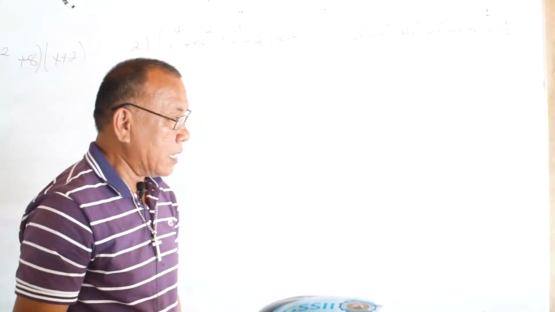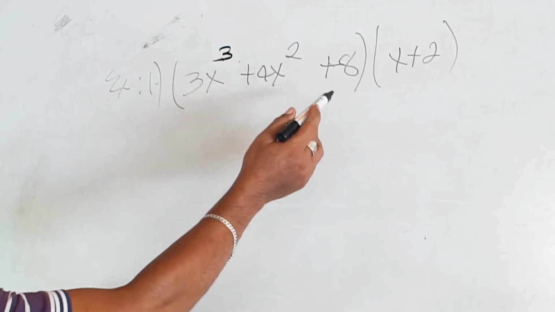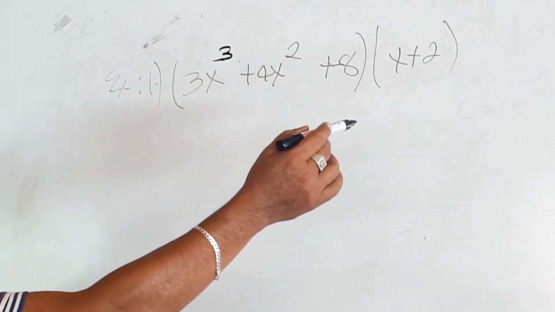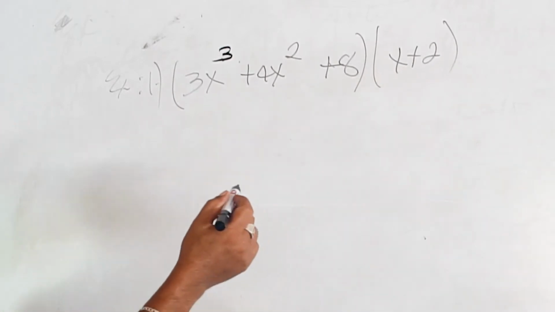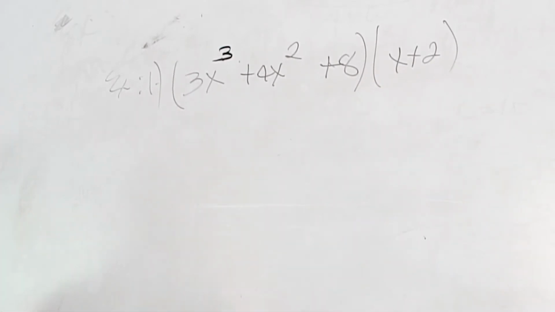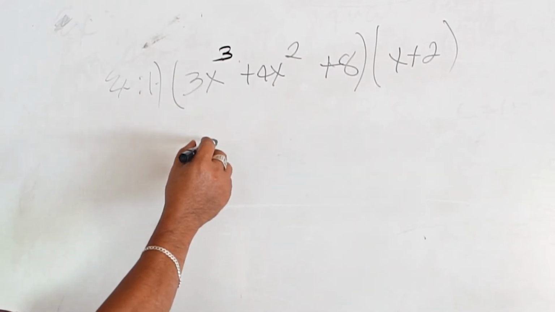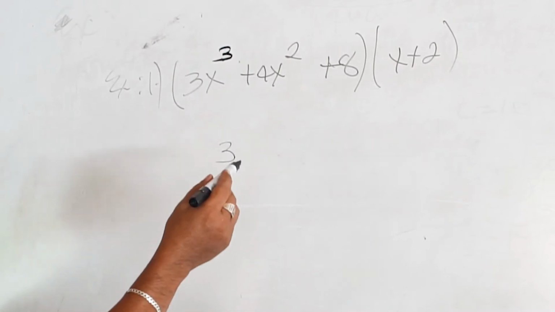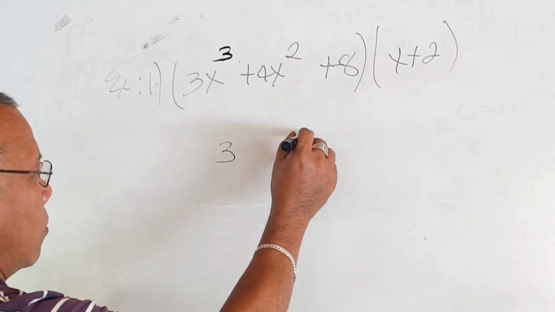Okay, for example, we have 3x cubed plus 4x squared plus 8, to be divided by x plus 2. Then arrange in descending order. So the coefficient of the first term is 3 and the coefficient of the second term is 4.